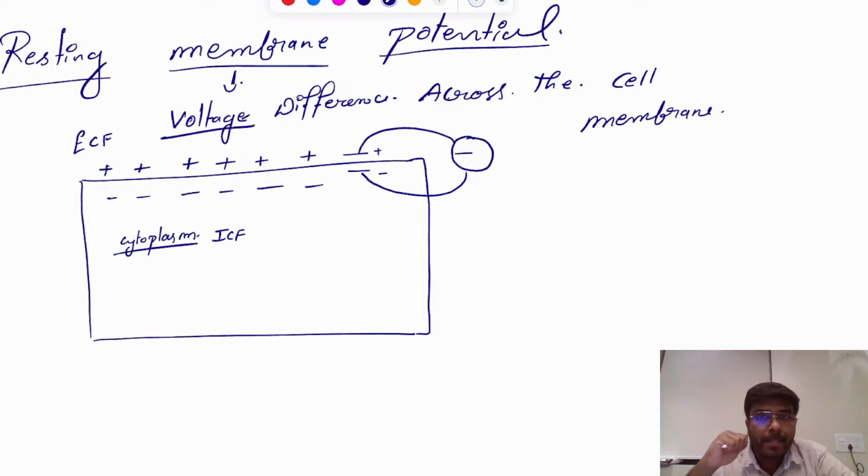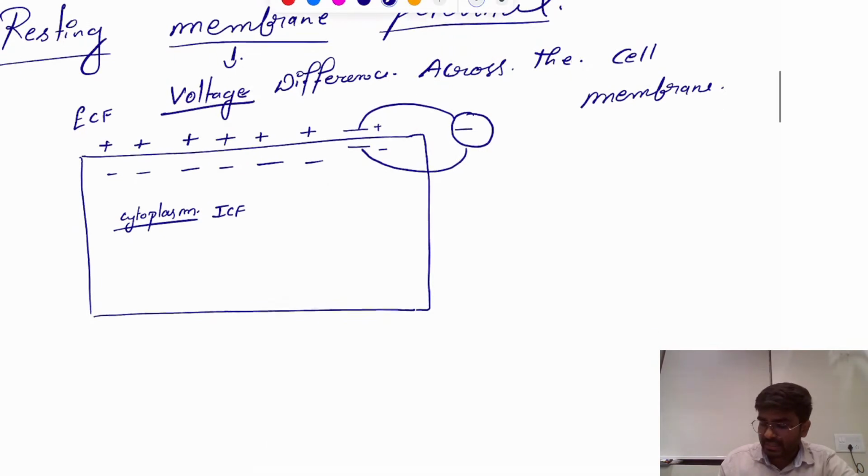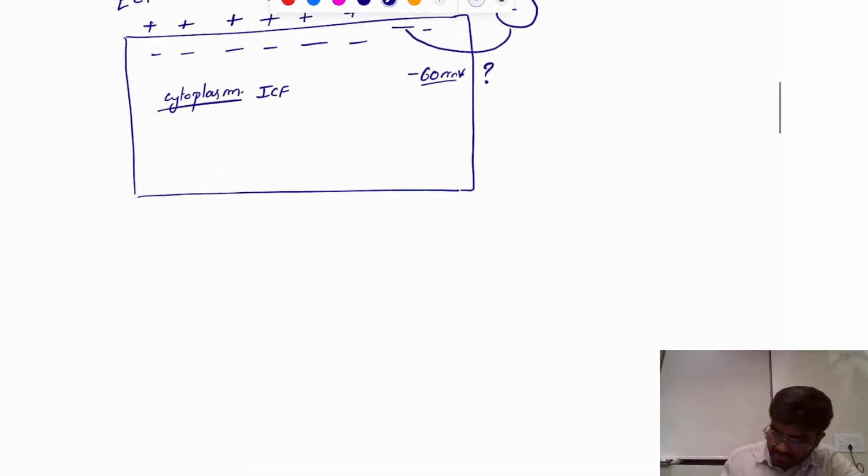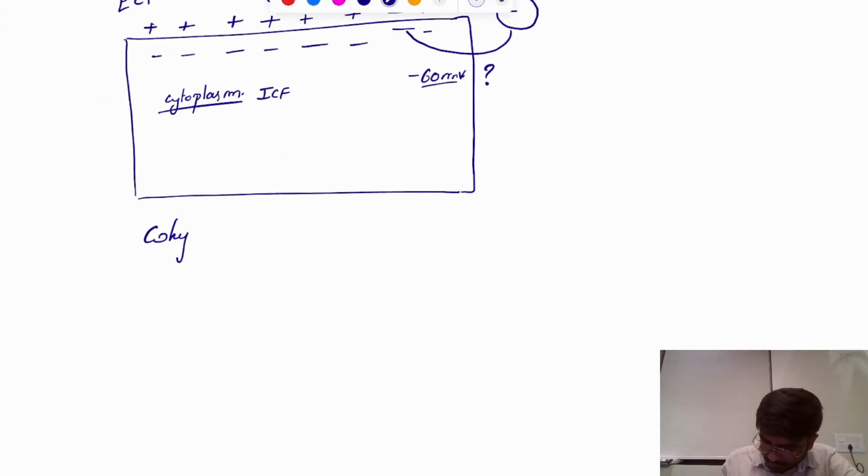For example, for this cell the resting membrane potential is minus 60 millivolts. Inside it is minus 60 millivolts. Why is there this voltage difference?